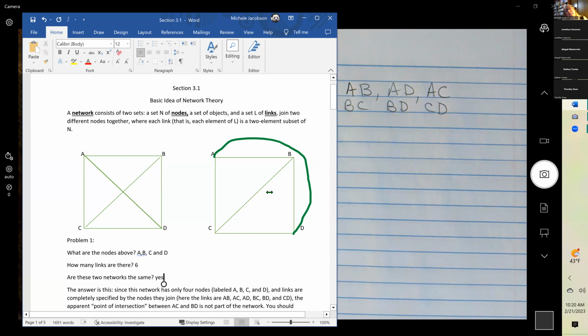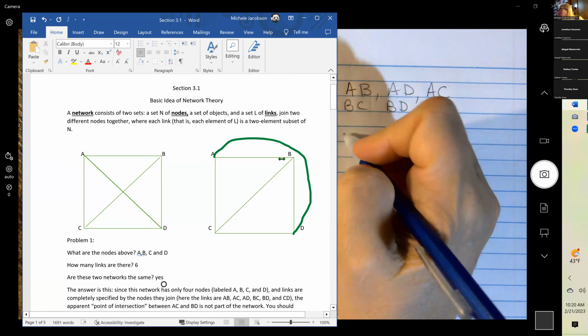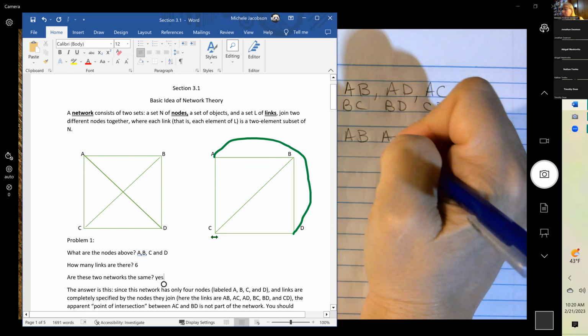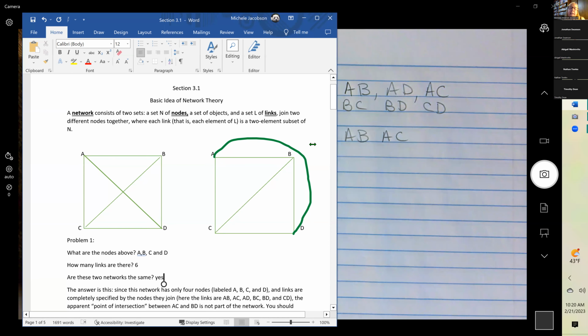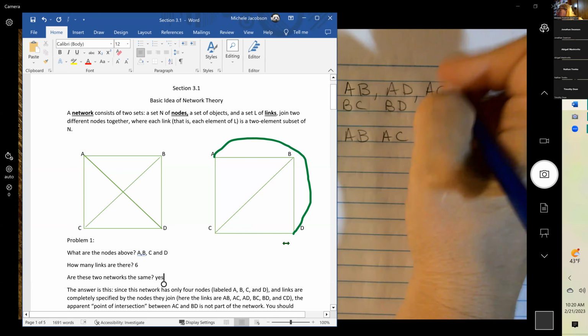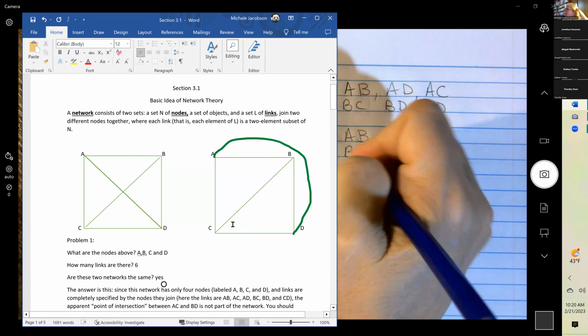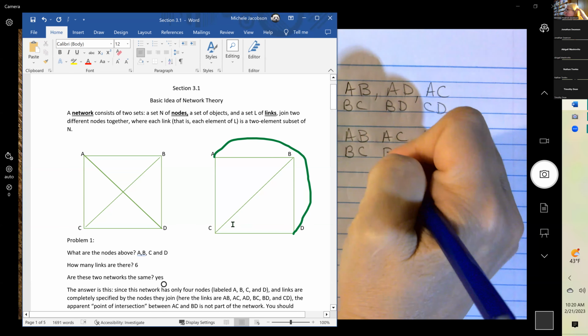If we do the links here, we have AB, AC, this one, AD, BA we already have. AB, BA, same thing. BC we don't have yet. Or BD.